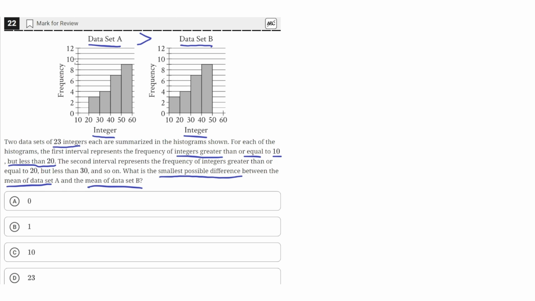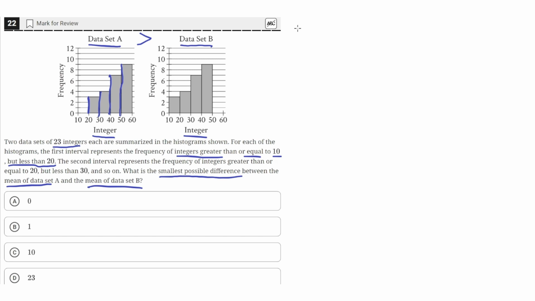So the smallest possible dataset A mean that we can find is assuming that all the integers in this range, going from like 20 to 30, that all of them are at 20. And if we do that for each of the intervals, looking at the boundary instead of the whole interval, we'll find the mean that is smallest possible.